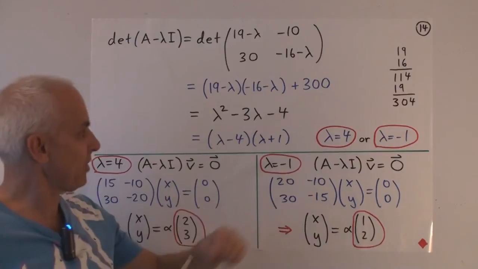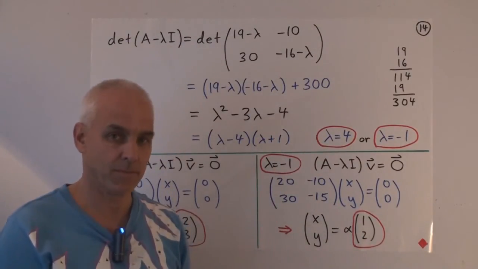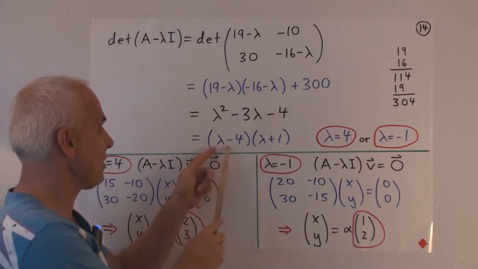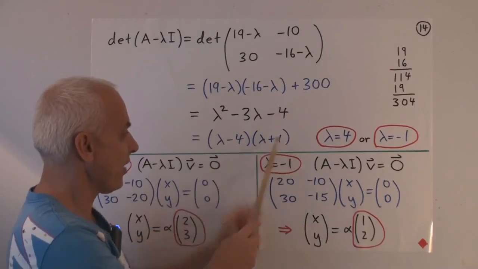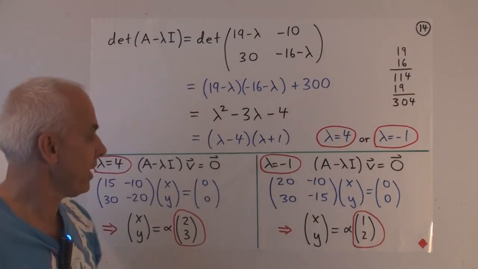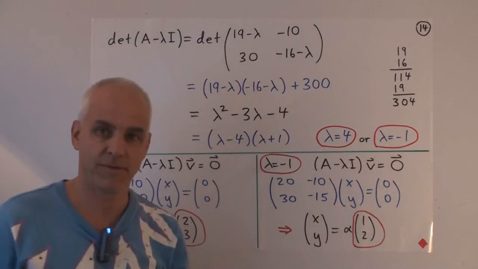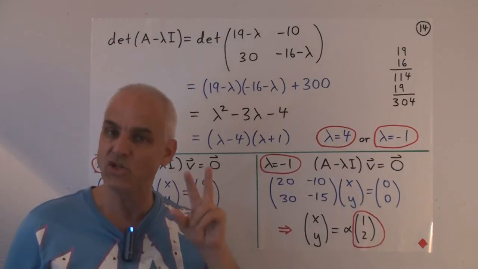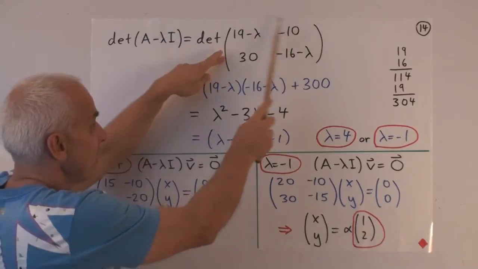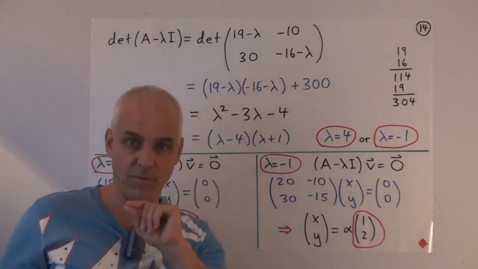So it's minus 304 plus 300 for a total of minus 4. And conveniently, this quadratic expression factors as lambda minus 4 times lambda plus 1. And so when is this thing equal to 0? It's equal to 0 when lambda equals 4 or lambda equals minus 1. So those are the only two values for lambda that will make this matrix not invertible.